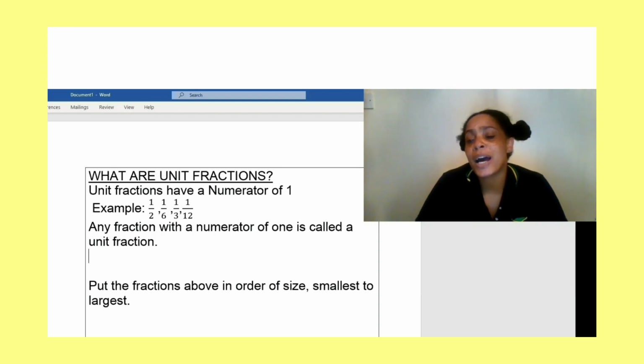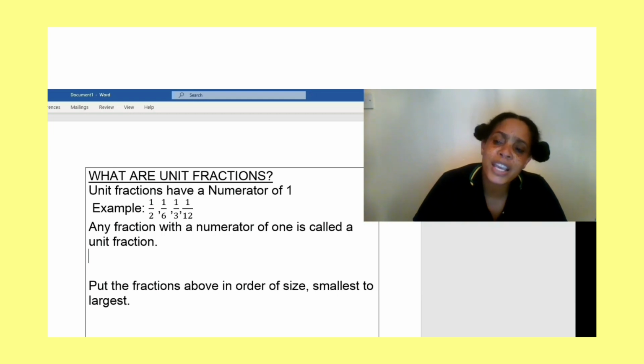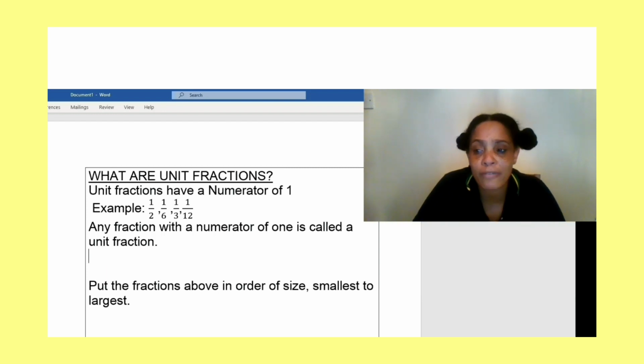My grandma knows that I love bun. So she says to me, go to the kitchen and get a piece of bun. Which bun do you think I will take a slice off? Remembering that I really love bun. Do you think I'm going to take a slice of the one that is cut into 2 pieces, the one that's cut into 6 pieces, the one that's cut into 3 pieces, or the one that's cut into 12 pieces? In other words, am I going to take a half?